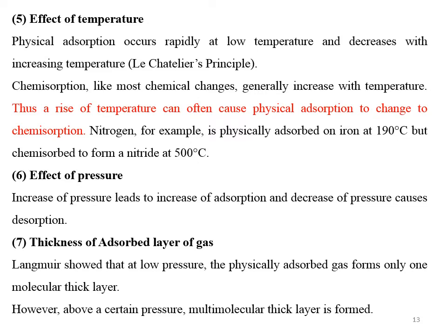However, above a certain pressure, a multi-molecular thick layer is also formed. It means adsorption may occur in the form of a monolayer or a multilayer of the adsorbate molecules on the surface of the adsorbent.